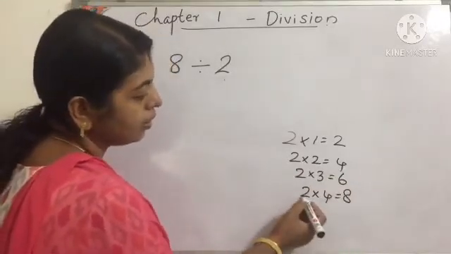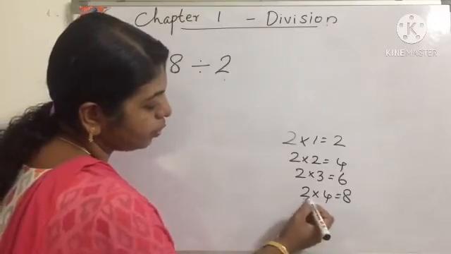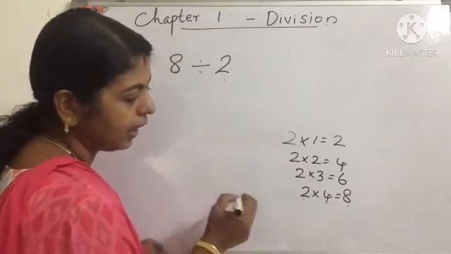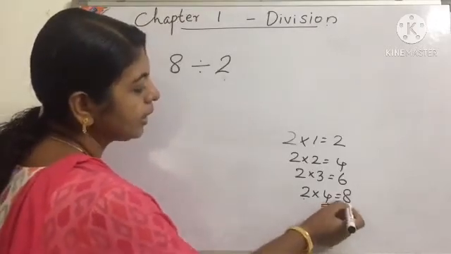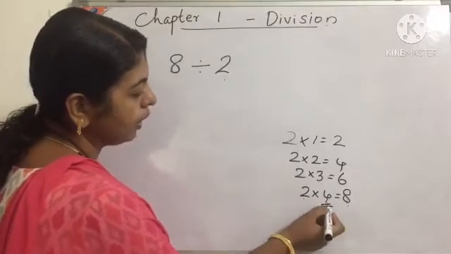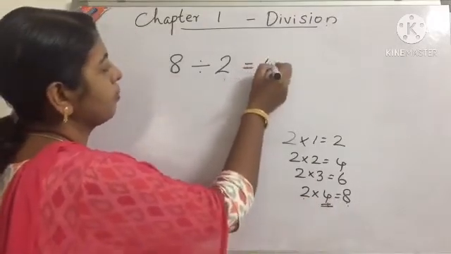So 2 into 4 gives 8. So 8 divided by 2 is 4.